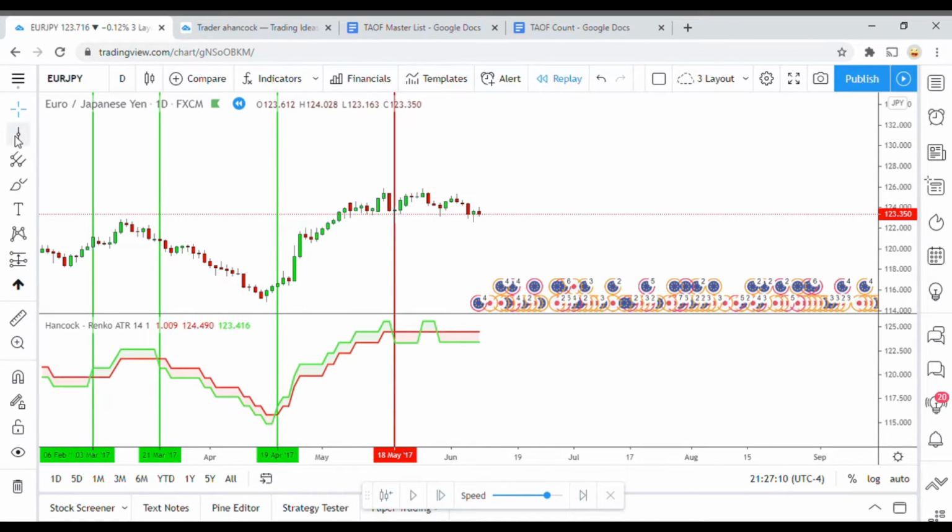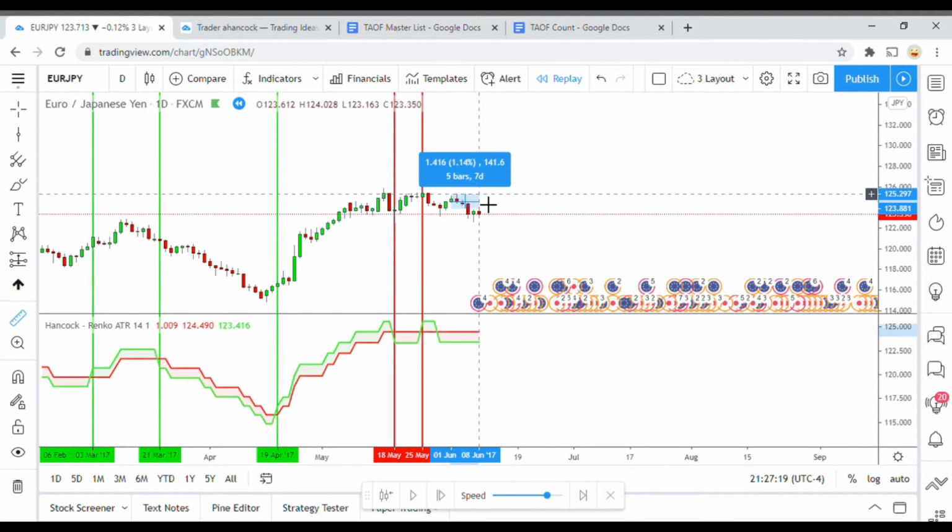Yep, as I feared. So it gave us a long signal there. That wouldn't have worked out for us, but then it did drop the short on us right here.